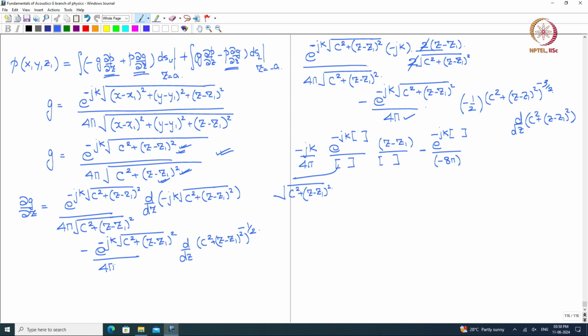Okay, so this and this are taken care of. Then I have the entity to the power cube, the square root to the power cube, and d dz of this is twice into (z minus z1), okay. So that gives me a 4. So let us see what we can do now.